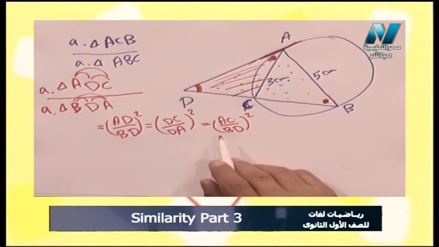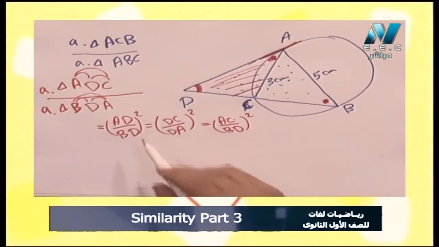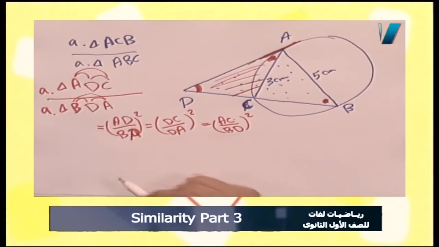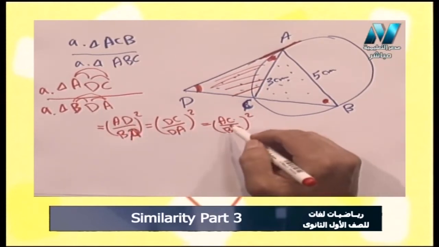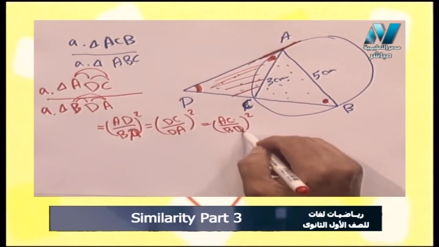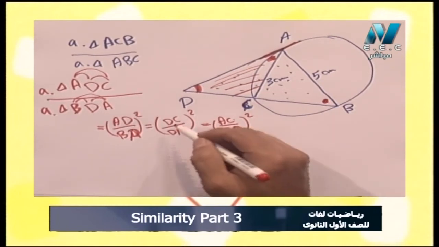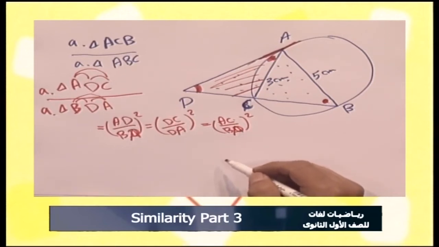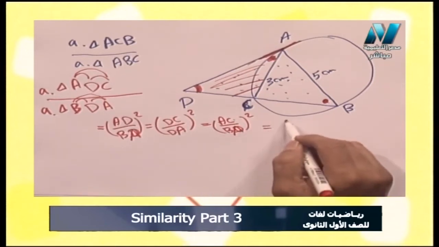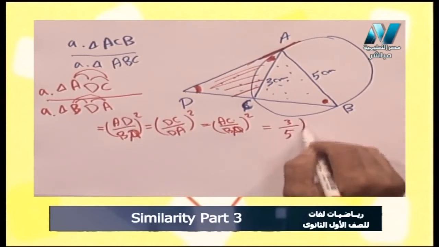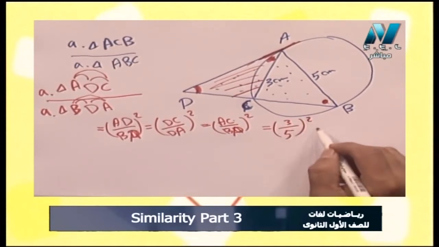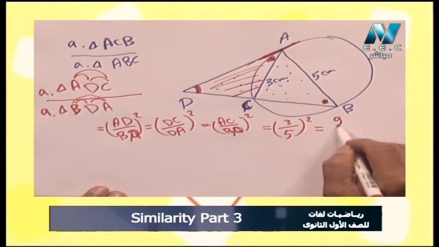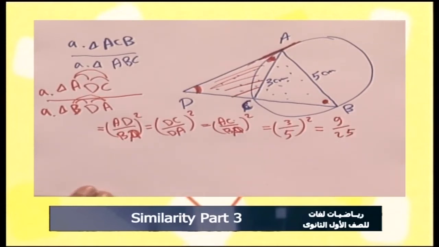It will be DA over AB, it's A here, and AC over BA here, it's DC over DA here. So we have 3 over 5, and we write power 2 here, and the answer will be 9 over 25.